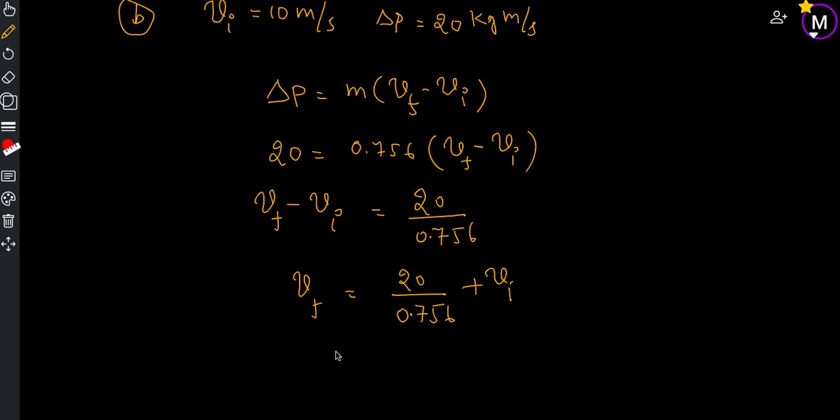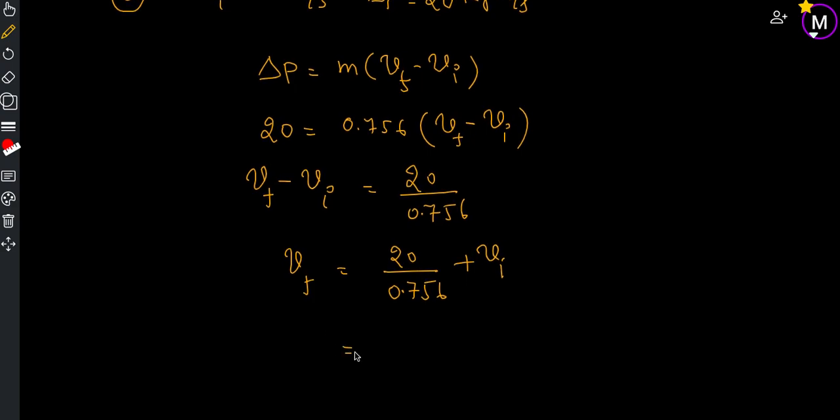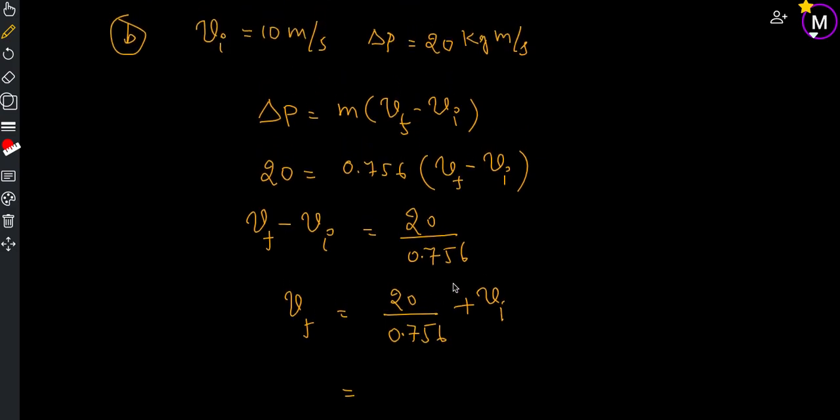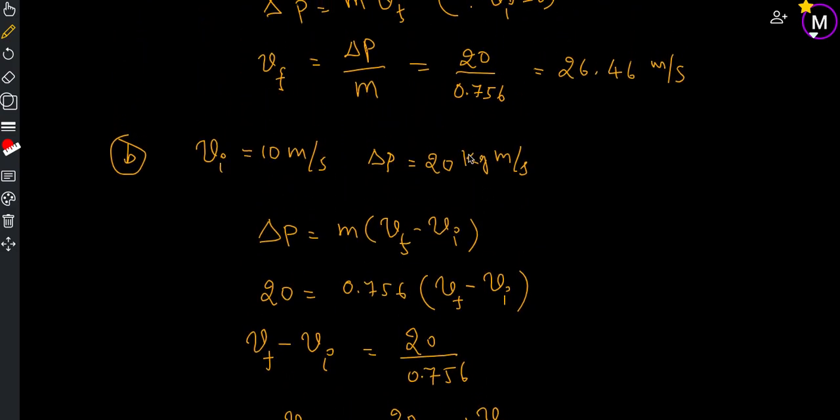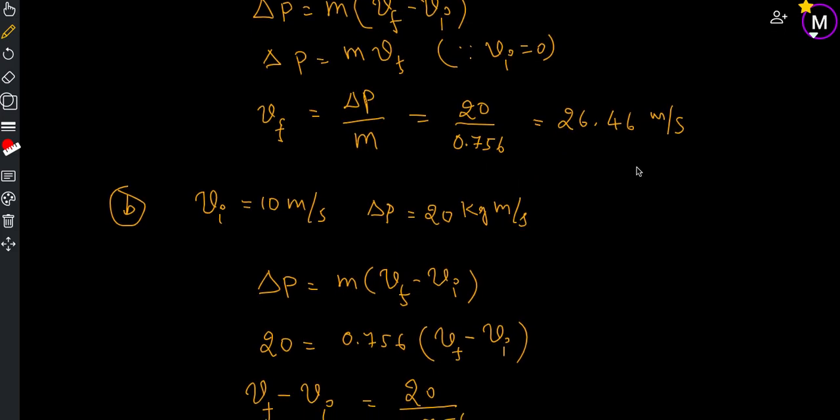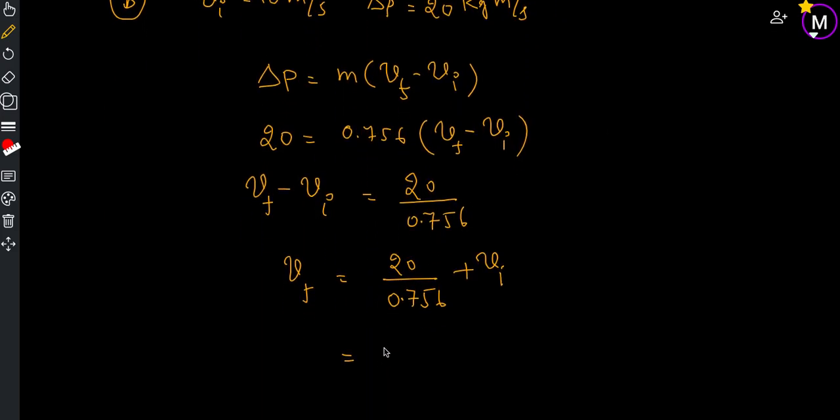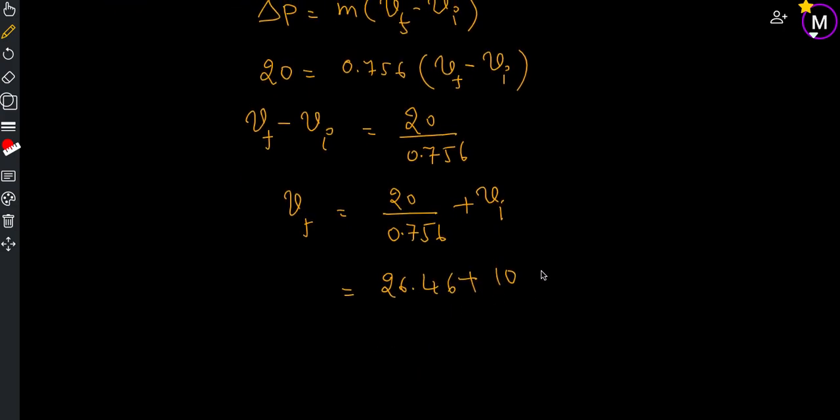Let us substitute the values. 20 by 0.756, we already calculated this before, is 26.46. Plus V initial, which is 10, equals 36.46.